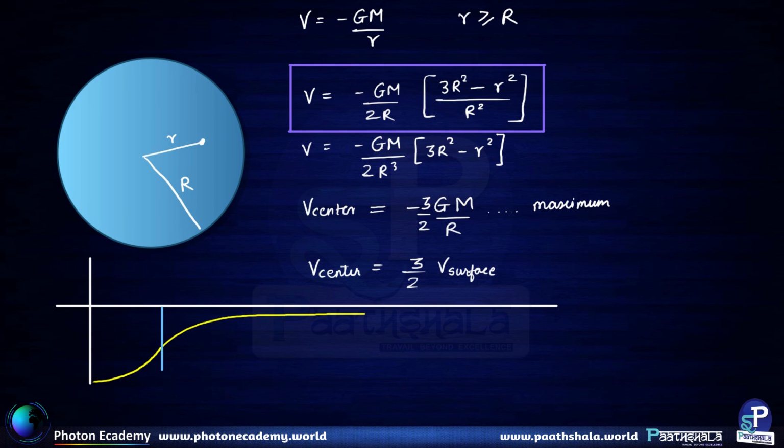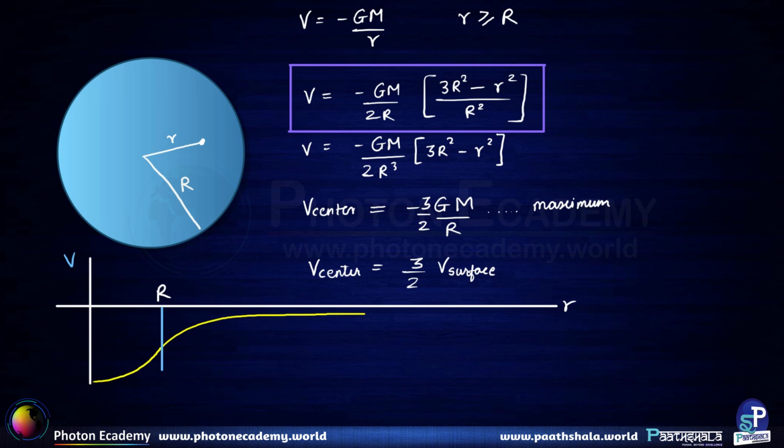So this is capital R. We are drawing the graph of potential versus the distance r from the center of the solid sphere.